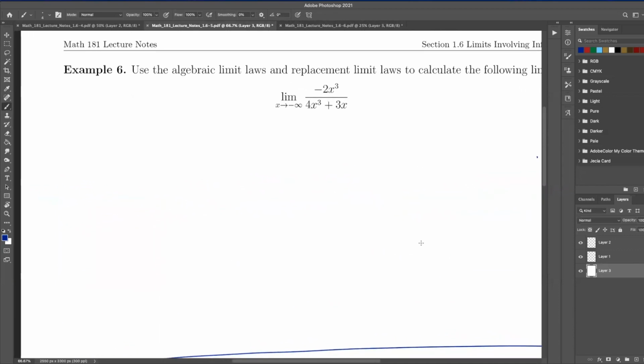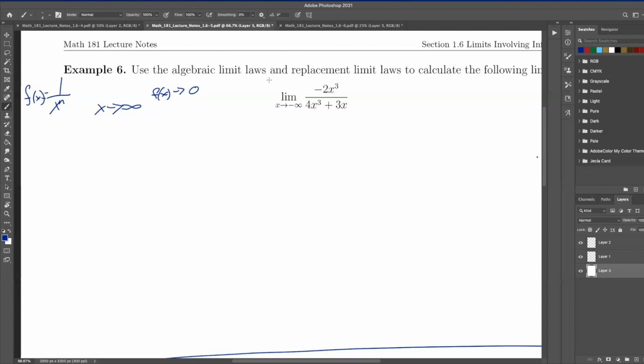Let's use algebraic limit laws to calculate the following limit. We're going to use the limit laws instead of just stating results; we're actually going to calculate it directly. Notice if I plug in infinity here, I get infinity over infinity, which doesn't help me. But we're going to use the property that 1 over x to the n, as x goes to infinity, no matter what n is, goes to 0.